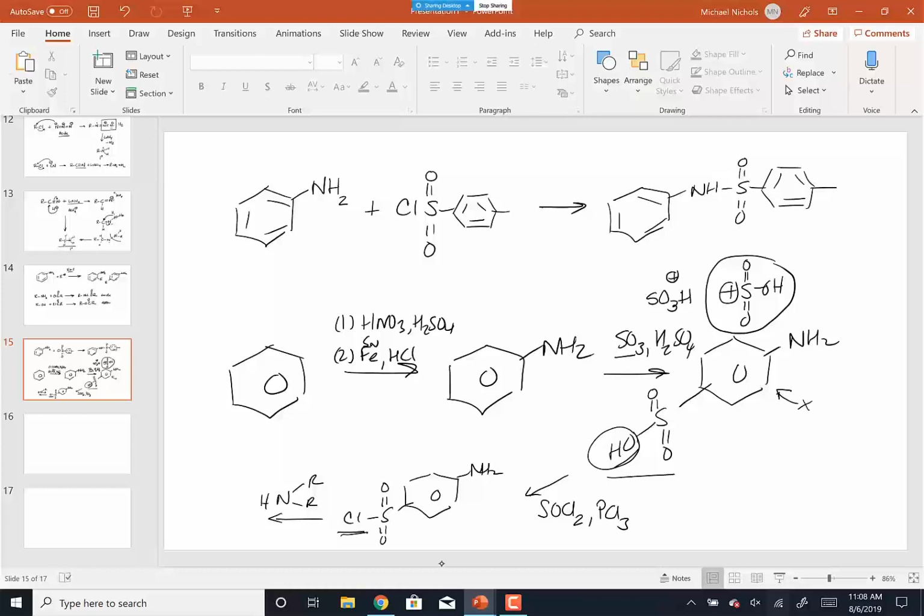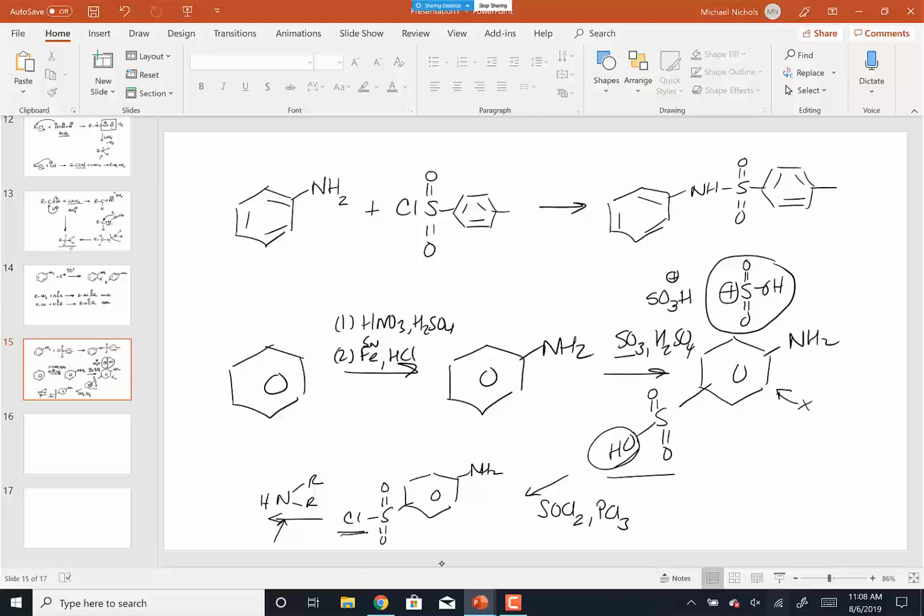So the OH is part of the SO3H plus. And so that's how I can make, depending on what amine I want to use with my sulfonyl chloride, I can put any amine group on there.